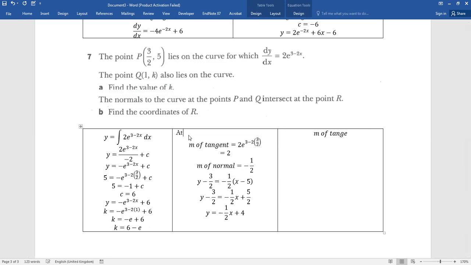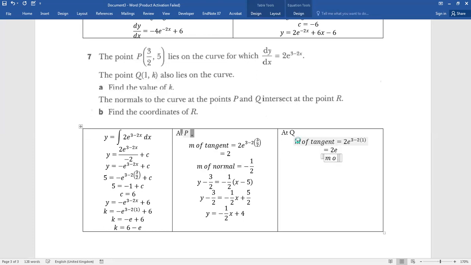Yes, bache. Sir, I understand. Okay, that was at P. Now we are talking about at Q. So m of tangent can be found by plugging in the value of Q, which is 1. So 2e to the power 3 minus 2 into 1. So the value of the gradient is 2e.